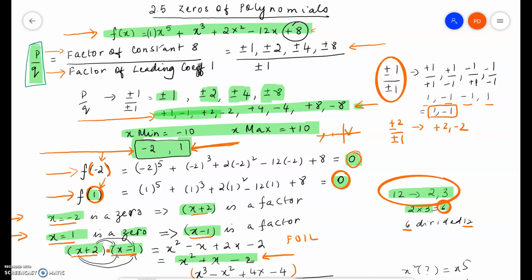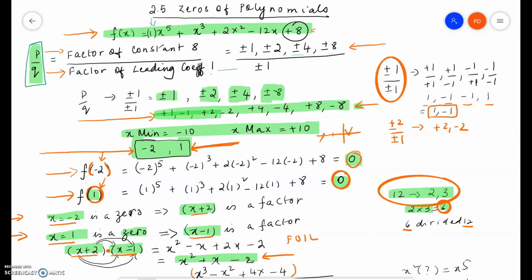In this case, the constant is 8, and q is a factor of the leading coefficient, which is 1. So the factors of 8 can be plus or minus 1, plus or minus 2, plus or minus 4, plus or minus 8.